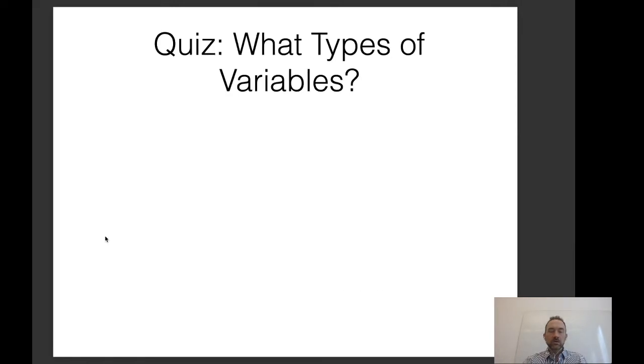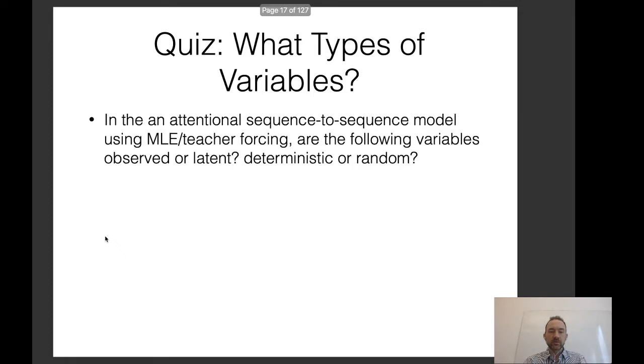Okay, so now let's do a little quiz about what types of variables particular variables are. So if we have an attentional sequence model using maximum likelihood estimation and teacher forcing, are the following variables observed or latent, and are they deterministic or random? So what about the input word IDs f?